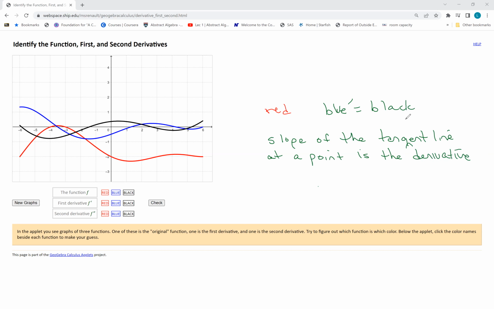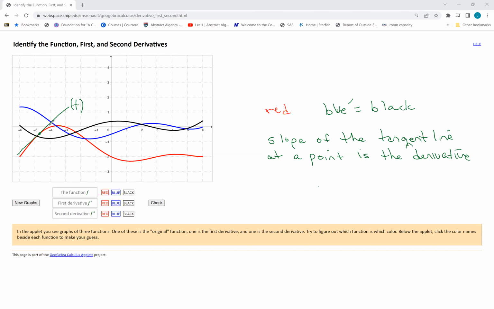Okay, so if I were to make a tangent line, let's do red. I'll make a tangent line right here, at this point. I pick a point. The tangent just hits that place at one point. And we can see that this has a positive slope. Just that line has a positive slope.